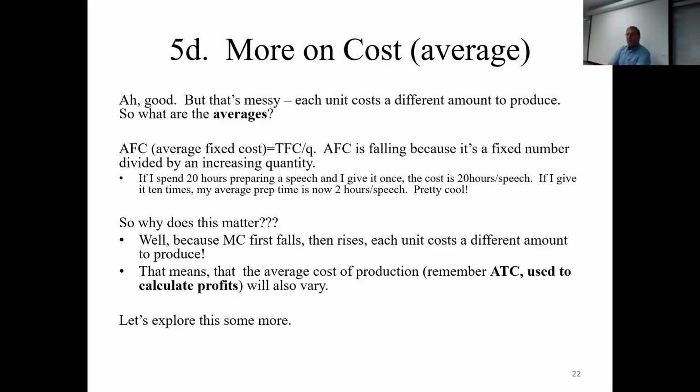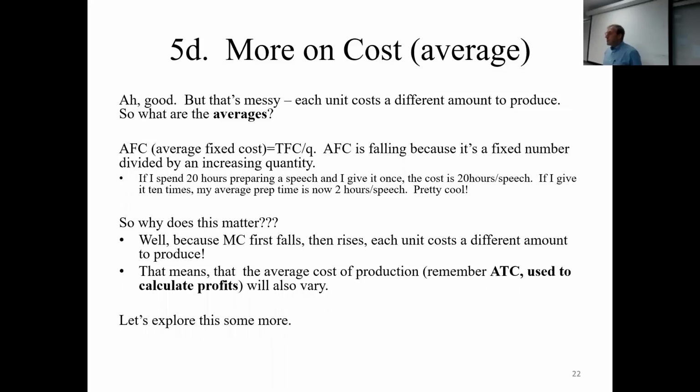So we know that each unit has a different cost of production, different marginal cost depending on how many workers you've been adding. So we want to know what the averages look like. The first average that we're going to talk about is the average fixed cost. And here's the important managerial lesson for you. Average fixed cost is going to fall because it's a fixed number divided by an increasing quantity. You buy a car for Uber.